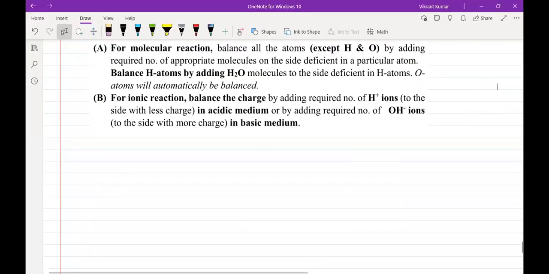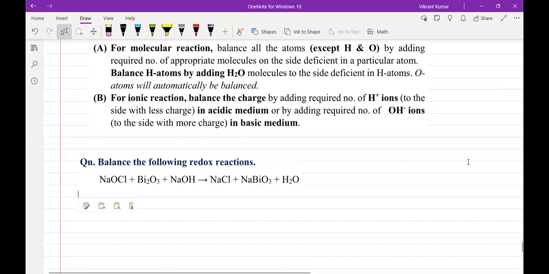I've given you the reaction. Balance this reaction.